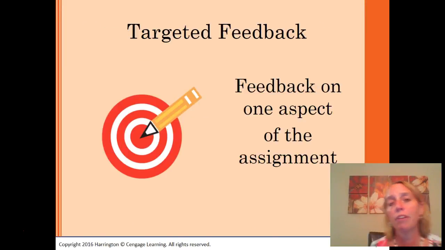The other way that we can provide feedback in a way that's meaningful to students is targeted feedback. Remember, one of the issues was going too far and being overwhelming with how much feedback we give them. So perhaps we're collecting drafts of a paper, and we may not have time to read the drafts completely and give them all the detailed information, but maybe we can just look through it pretty quickly to see, are their sources on track?